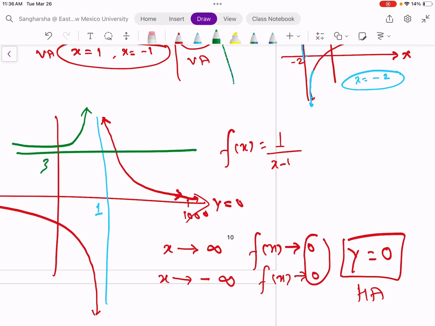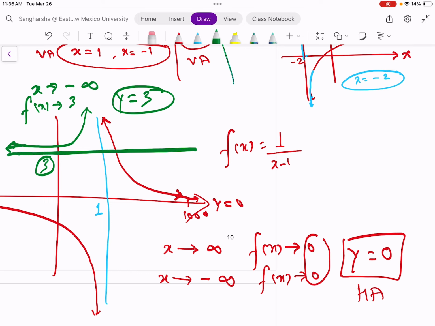Now as I go all the way to negative infinity, our output is very close to this line, which is 3. So here, as our x is a very small number, our f of x is close to 3. So y equals 3 is the horizontal asymptote. This horizontal line is the horizontal asymptote.